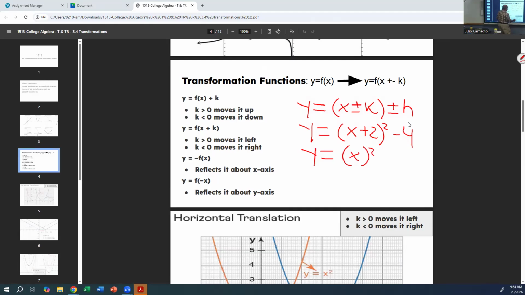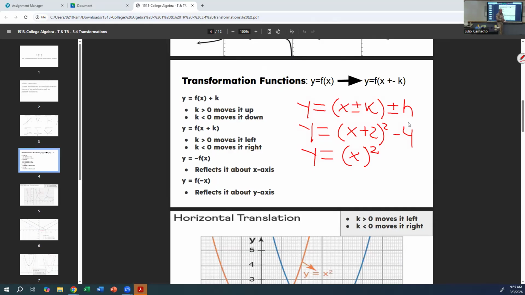That was the parent. That is the parent function. But what happened to this function inside of the function, inside the parentheses, you add a 2 or you subtract a 2. You can add or subtract a number from x. That would be your k. And then you can add or subtract a number, but this h is not inside of the function. You see that?